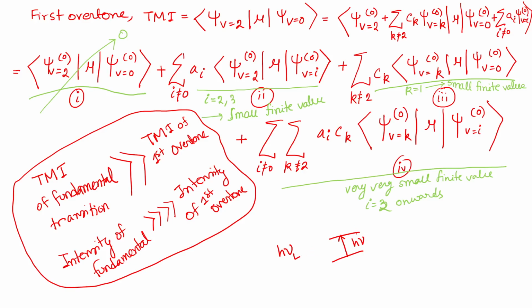The photon you are providing will be equal to the gap. Now if you are providing double of that, suppose I'm thinking of v equals 2 from v equals 0, it won't be possible, because first of all the transition moment integral is not dependent on the energy. There itself it is not going to be possible.